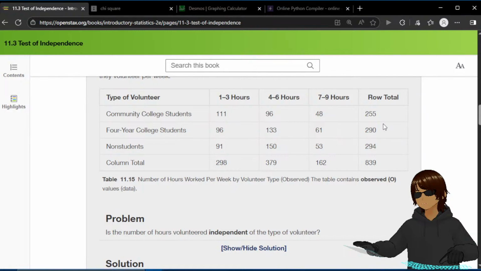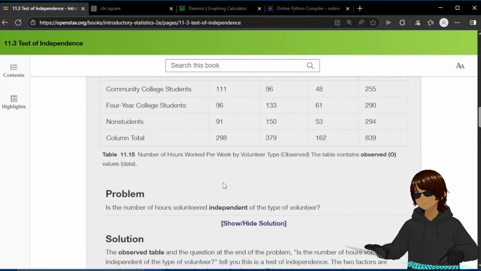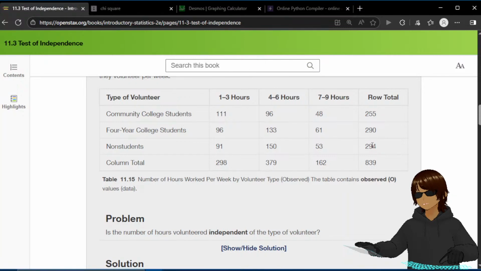Then community college students is 255, 1 to 3 hours is 268. So this times this divided by 839. Is that it?